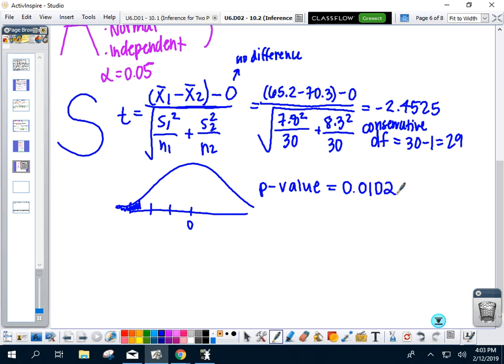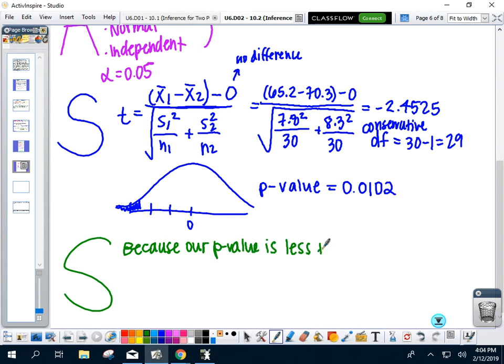And now this last step is not different than anything we've done since we started chapter 9. Because our p-value is less than alpha, we reject H0, or the null.